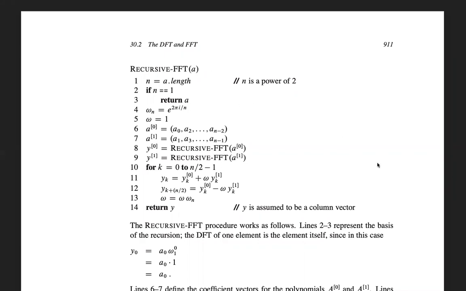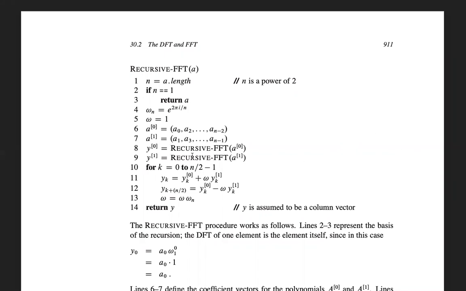Where we are using the special structure we chose is that in one iteration we're getting rid of two calculations. So there are two things where I'm using the important structure. One is the geometric structure. The other is the fact that omega squared is an n by 2th root of unity.